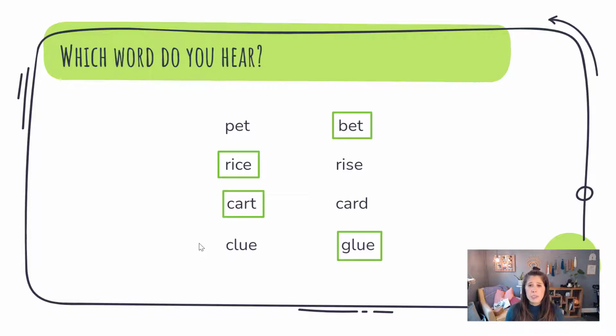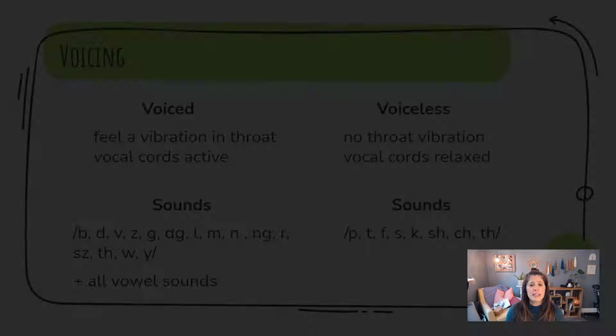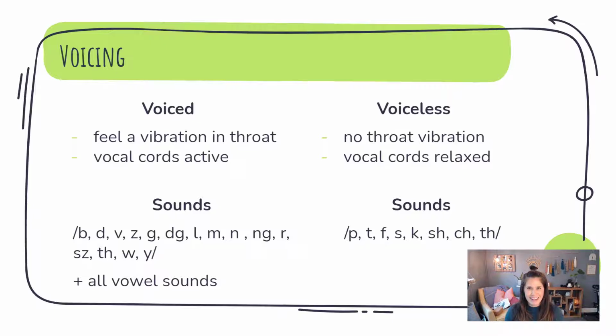So, how is it possible that we can have 2 sounds that are made with the exact same mouth shape, the same placement, and yet be 2 completely different sounds? The answer is voicing.